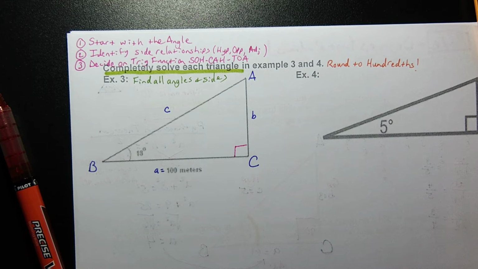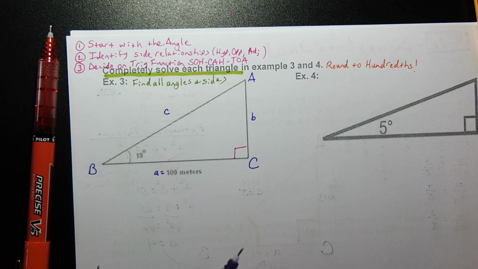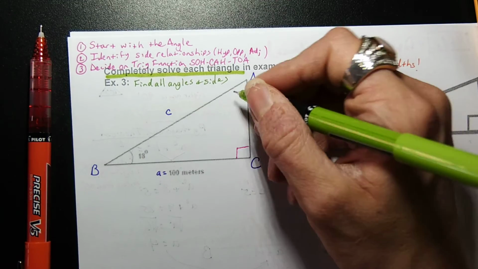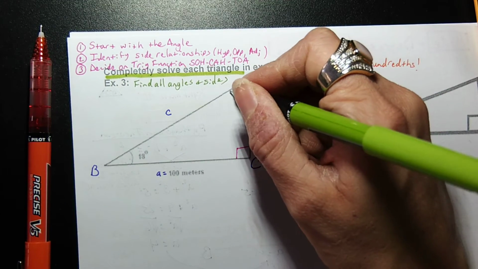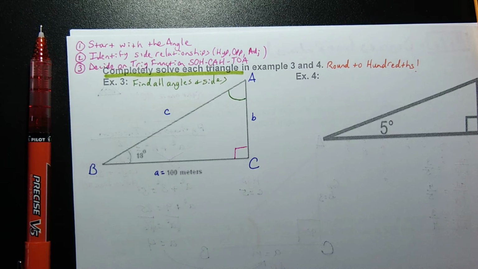But angle C has to be the right angle, and the side opposite from it has to be little c, or the hypotenuse. So folks, if I wanted to start by finding the missing angle A, what would I do to find that?